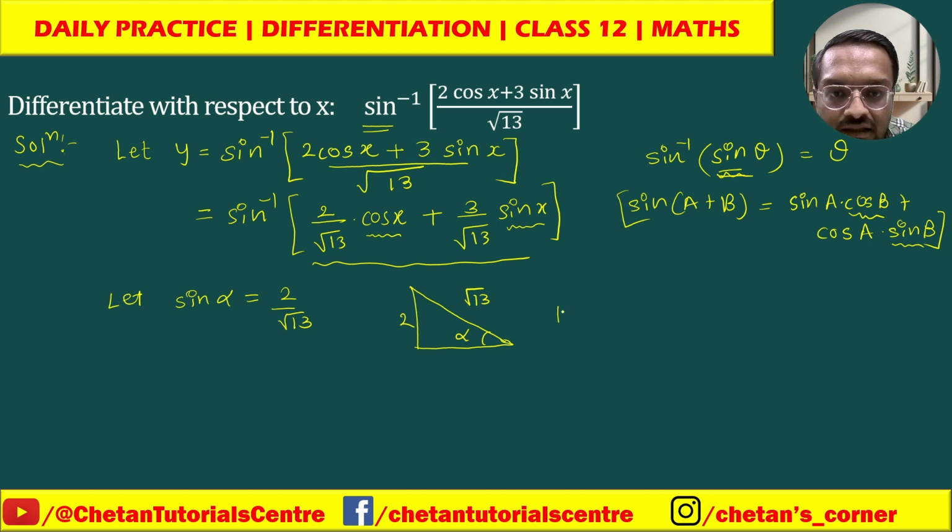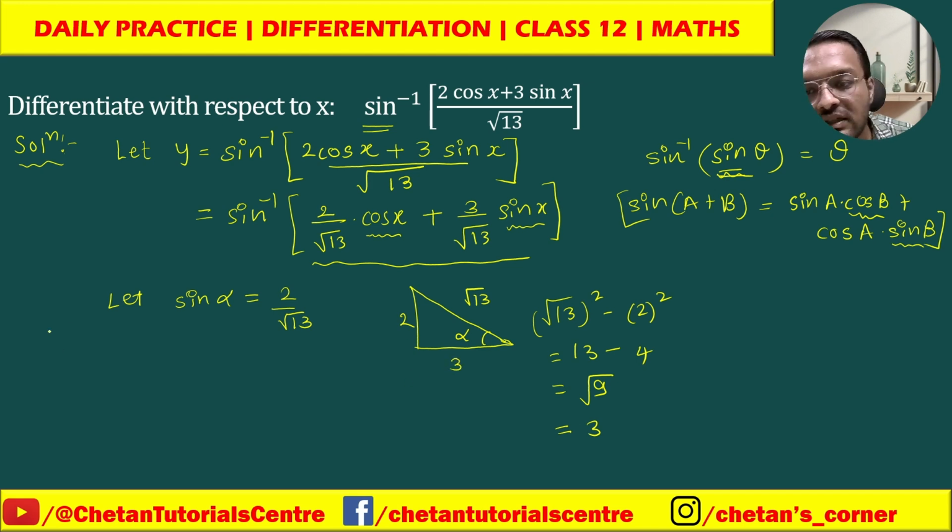So I get under root of 13 square minus 2 square, which is 13 minus 4, equal to 9. So this side will be equal to under root of 9, that is equal to 3. Therefore cos of alpha is equal to 3 upon root 13.